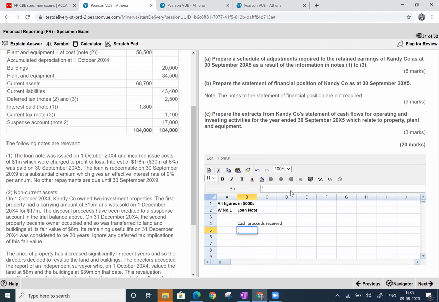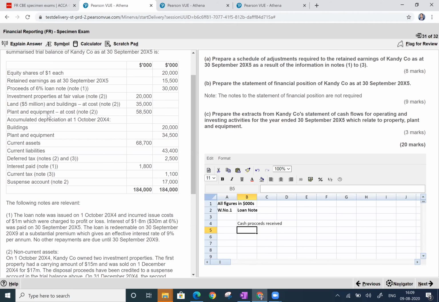The loan note was issued on 1st October x4. Proceeds of 6% loan note, 30,000, minus issue cost, which we show here: 30,000 minus 1,000, 29,000.